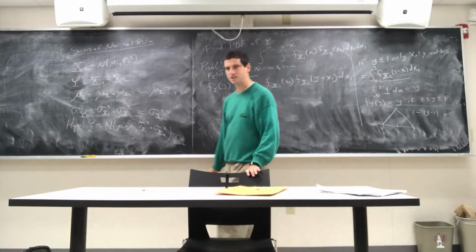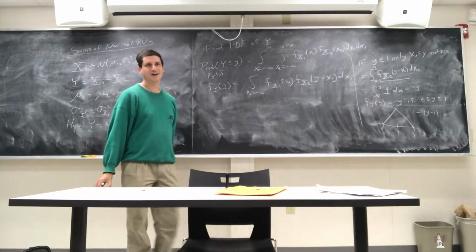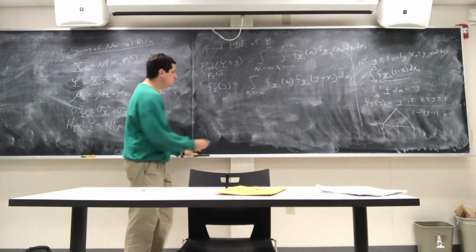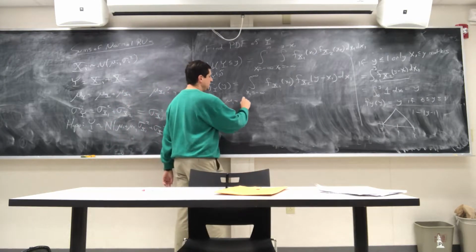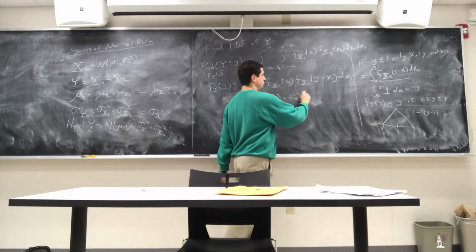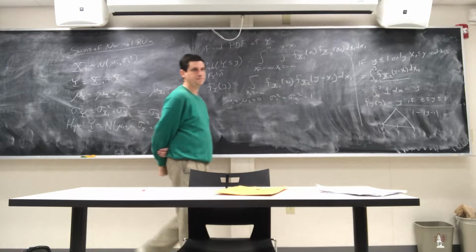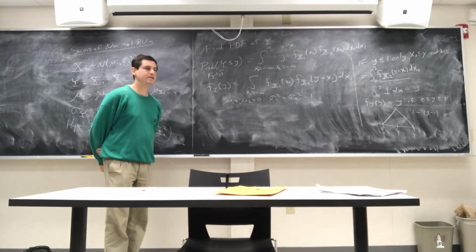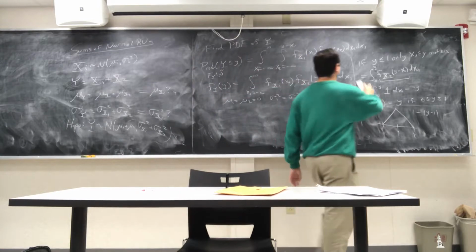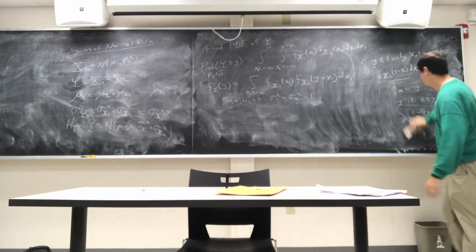I have deliberately not looked at the calculations because they're boring and I don't want to have to look at them twice today. So please be following the algebra to see if I'm making any mistakes. Let's assume mu1 equals mu2 equals 0, sigma1 squared equals sigma2 squared equals 1. This will just simplify the algebra a little bit. If we can do this case, we should be able to do the more general case and just adjust things.